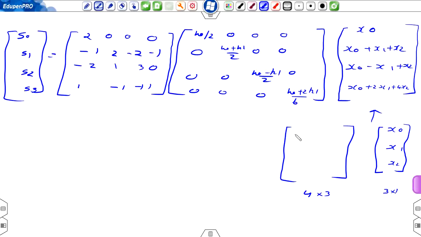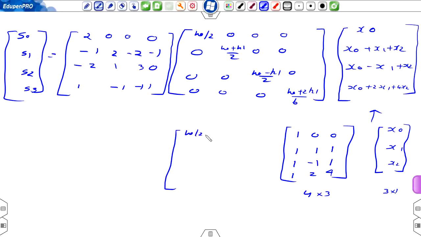So its elements are 1 0 0 because the first row is only x0, second is 1 1 1 for x0 plus x1 plus x2, next is 1 minus 1 plus 1, and the last row is 1 2 and 4, and this is a diagonal matrix that will remain as it is.